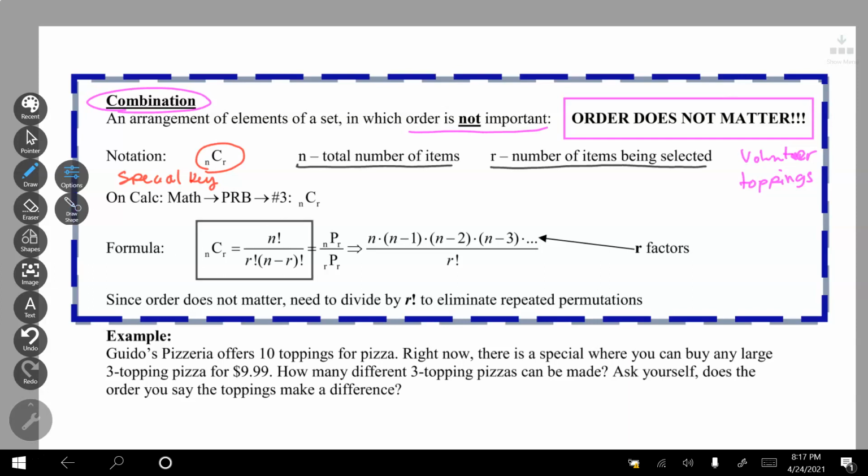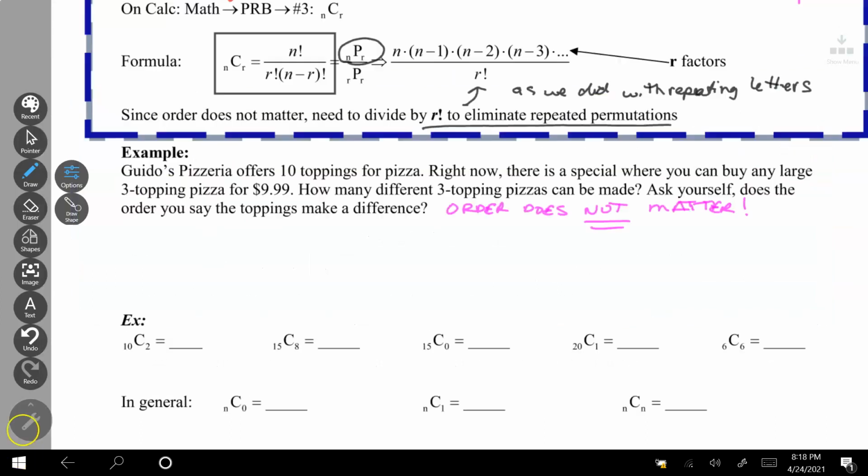But technically what's going on is taking exactly what we did before, the nPr, and now we're dividing by r factorial to get rid of repeats, as we did with the repeating letters on the previous day when we divide out repeats. But you never have to know this formula. I mean, it's good maybe application to think about it, but we have the special key on the calculator.